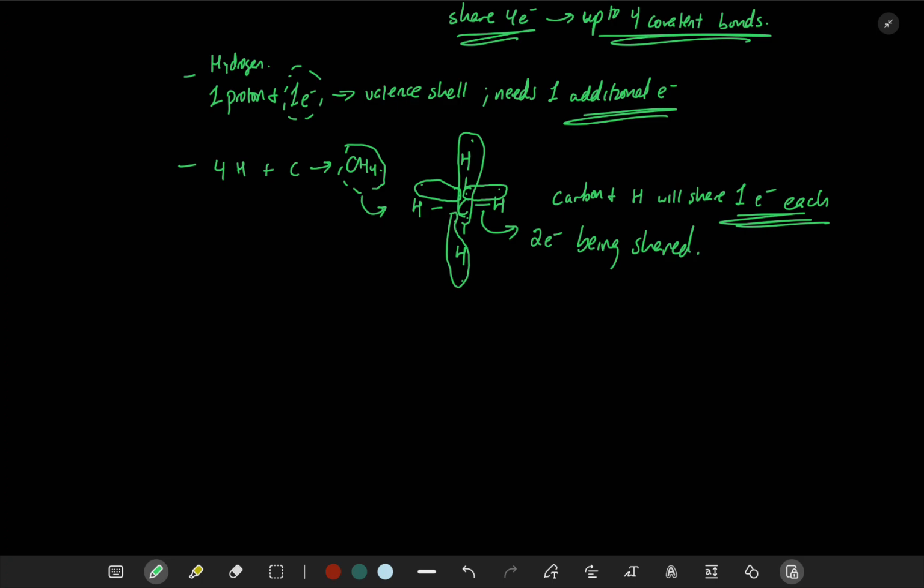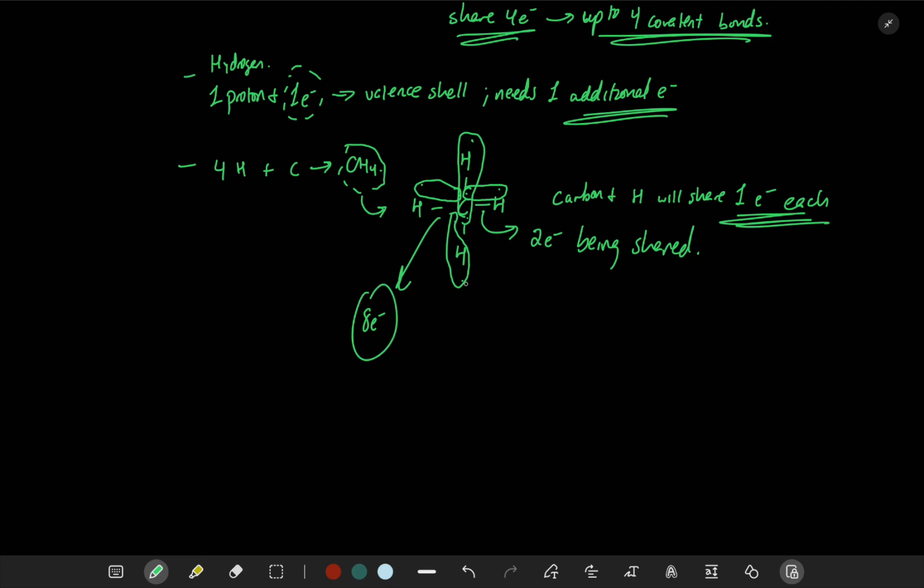So again, 4 electrons come from the carbon itself in this case, right? Because it's inherent, because carbon has 4 valence electrons already. And then 1 electron comes from sharing with 4 different hydrogen atoms. So now carbon here technically has 8 electrons. Well, not technically, but you get what I'm saying, because it's sharing 4 from hydrogen. It already has 4 in its valence shell, so total 8 electrons.